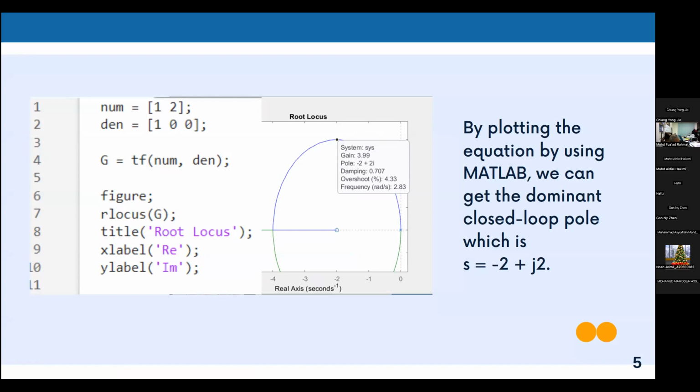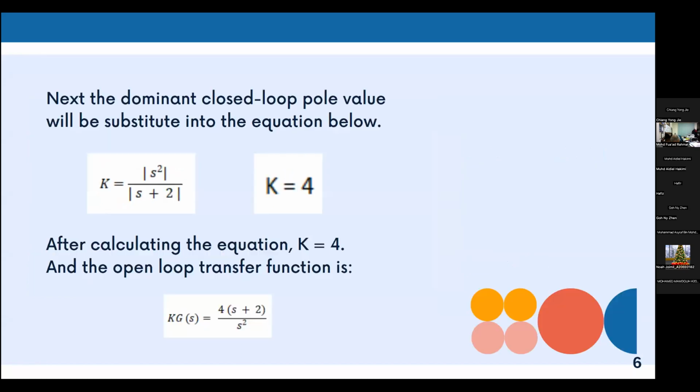By using our mouse, we find the closed loop dominant pole with damping ratio 0.707, and we got s equal to -2 plus j2. And after we got the dominant closed loop pole, we substitute the dominant pole into this equation, K equal to s squared over s plus 2, and we got K equal to 4.